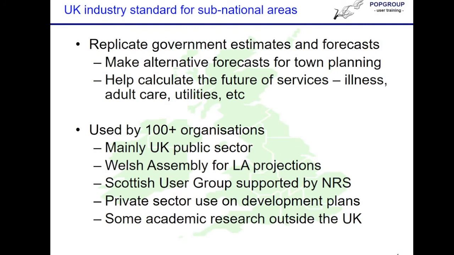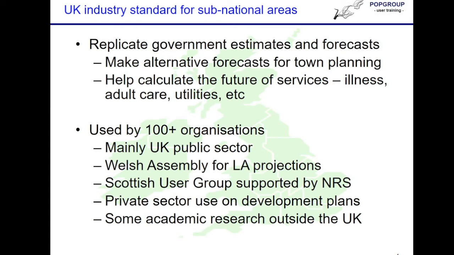So one of its key functions is that one can quite easily replicate government estimates and forecasts and then tweak these to make alternative forecasts that might have utility in a town planning context. We can produce projections that are trend-based, so they continue previous trends we see in fertility, mortality and migration, but equally we can produce projections that meet particular targets around housing or employment opportunities.